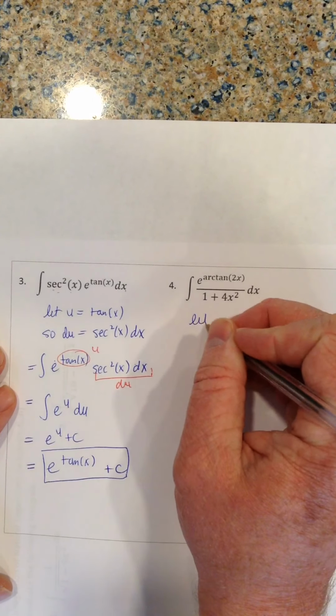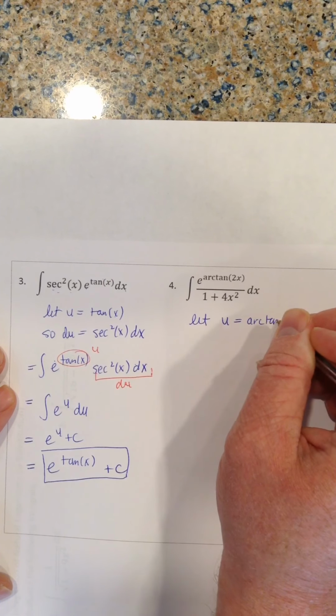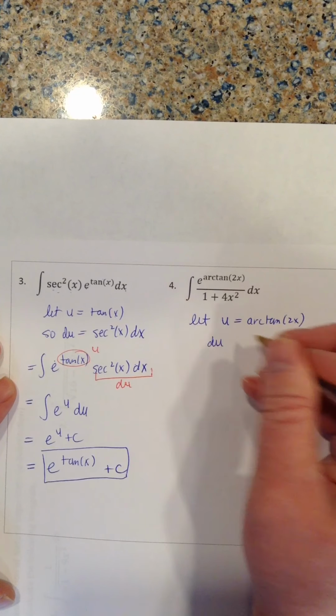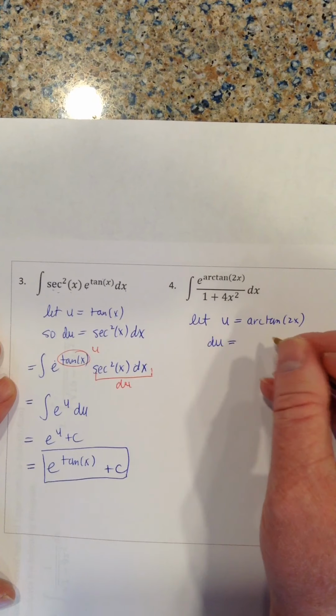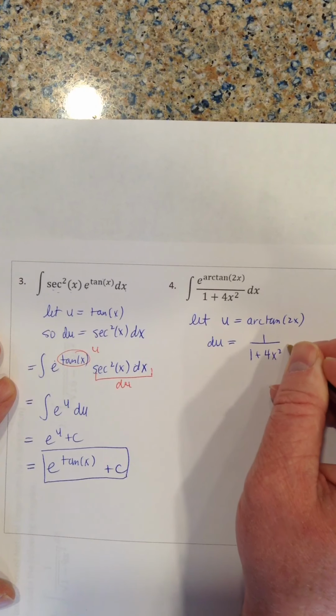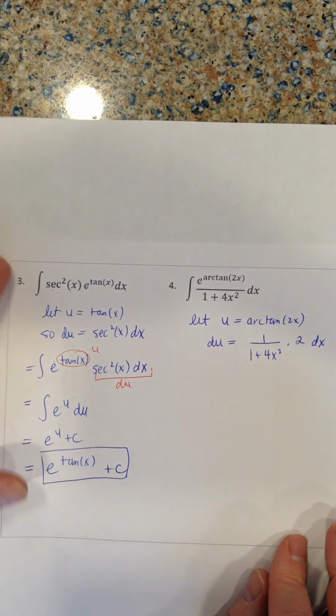Okay, this one looks a little bit more challenging. Let u equal the arc tangent of 2x. So du is, let's see, the derivative of arctangent is 1 over 1 plus 4x squared times the derivative of the inside, which is just 2 dx.